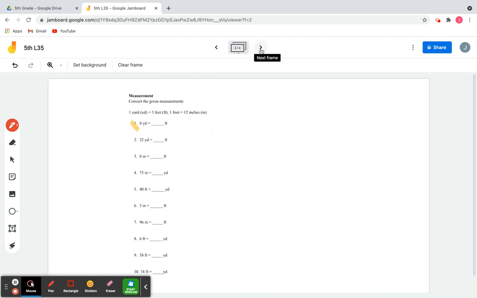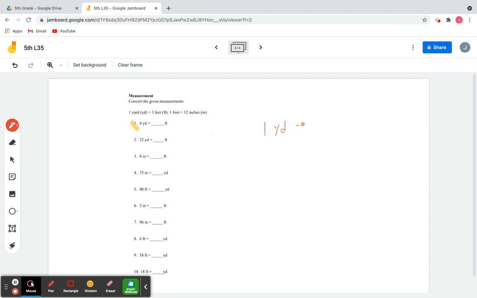And the next one is measurement. So we're going to convert the measurements, and it is given that 1 yard is equal to 3 feet and 1 foot is equal to 12 inches. With this being said, we're going to do number 1 together. So we have 4 yards here. So let's see.